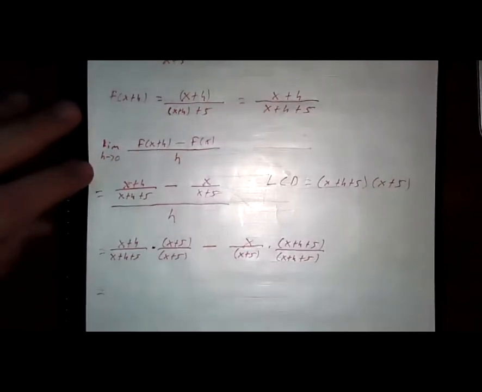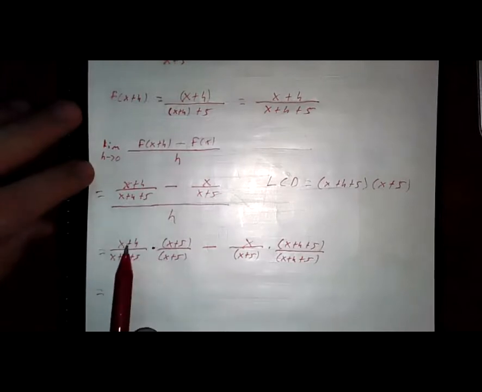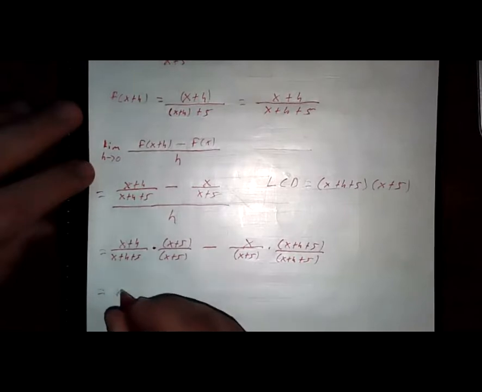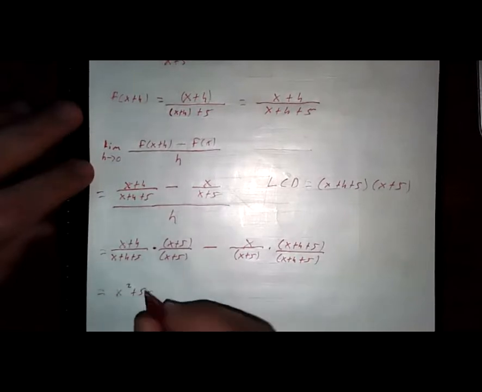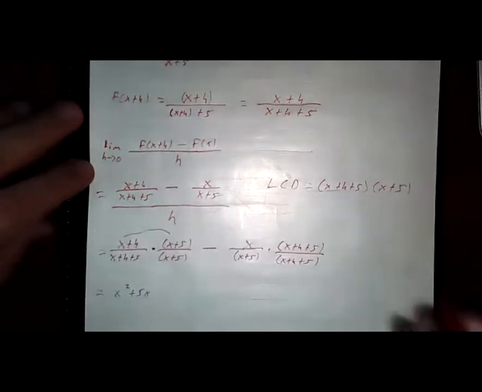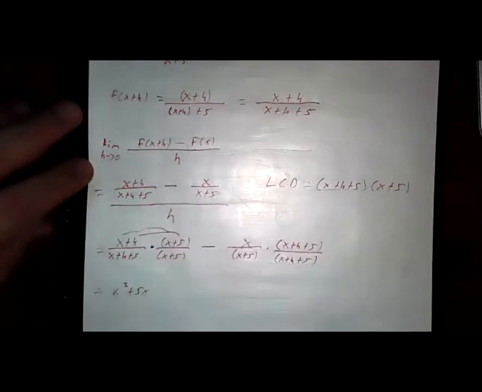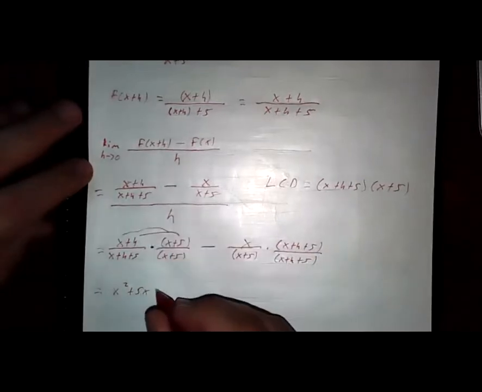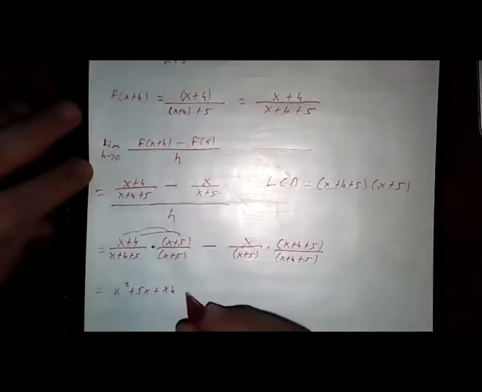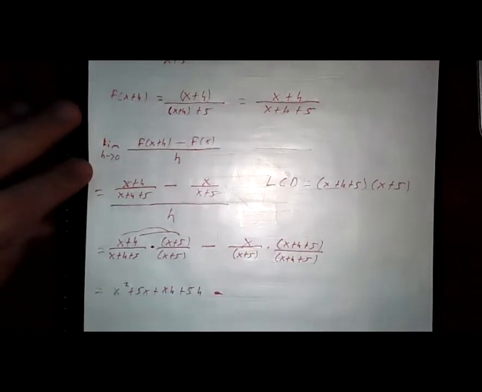All right, so just multiply it out, and then we can combine. So the top will be a FOIL, right? A distribution, so x times both these parts, h times both of them. So I'm going to get x squared plus 5x, if I multiply the x on both, and then multiply the h on both, you get plus xh plus 5h, minus, right?